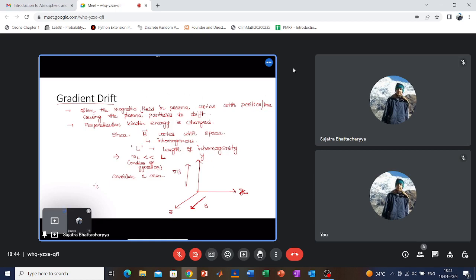Therefore, the magnetic field is in the Z direction. The gradient of the magnetic field is only in the Y direction.